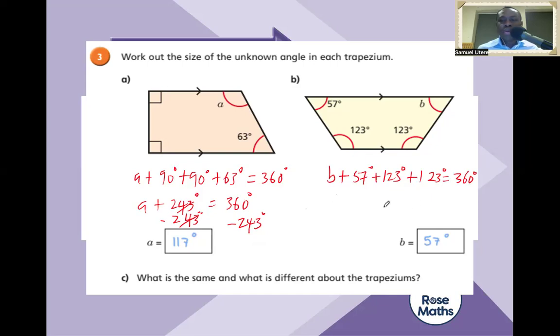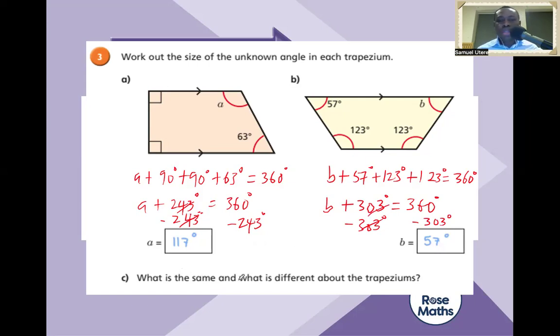Now, when you add all these up, you would have B add, so 123 plus 123 plus 57. That'll be 303 degrees, equal to 360 degrees. Using your equation solving skills, you subtract 303 from both sides. Your answer will be 57 degrees.